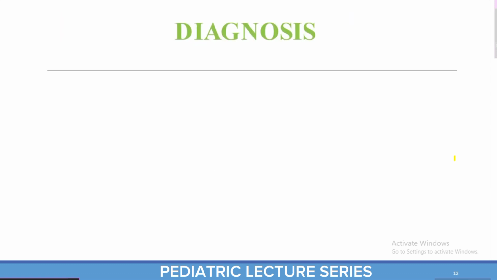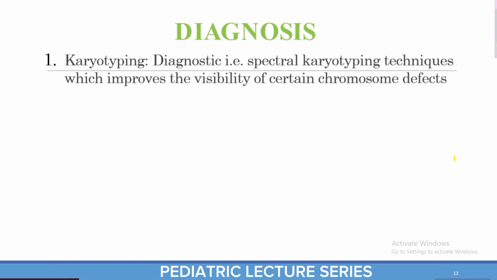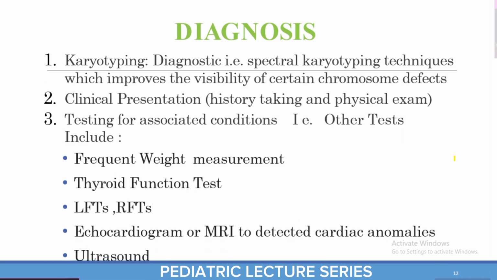How do you diagnose an individual with Turner syndrome? Our diagnosis can be based on, one, history taking. You get the detailed history, the factors that were surrounding the prenatal and natal period, and then also do a physical exam as you're looking for the features that we have listed of Turner syndrome, such as webbed neck.